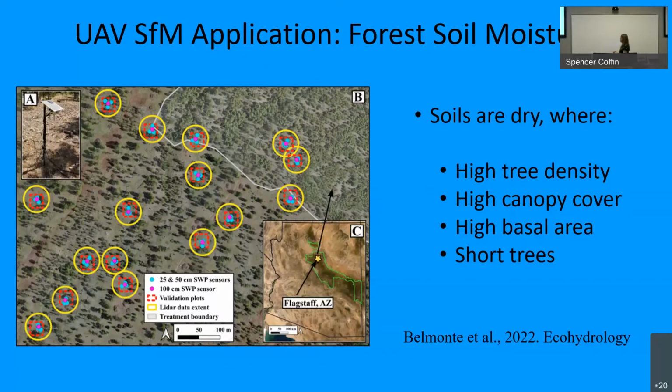What we find is that soils are dry at locations where we have very high tree density, very high canopy cover, and very high basal area. And interestingly, where we have very short trees. That's because shorter trees, of course, create lesser or smaller shadow. So the soils get dry.